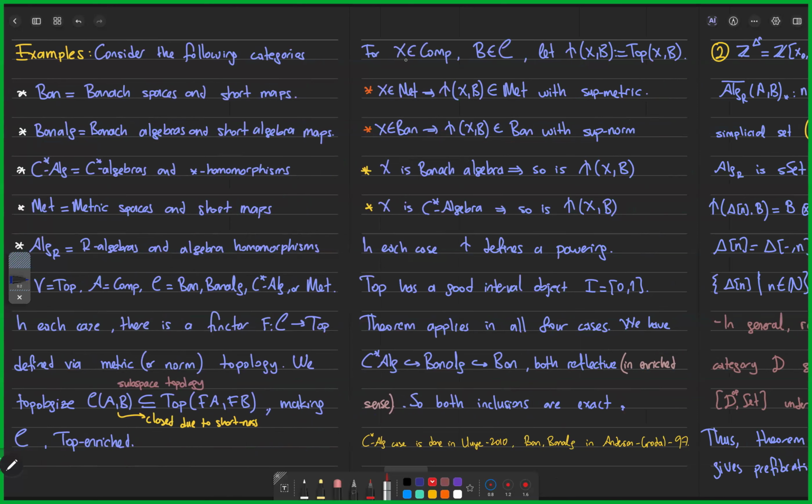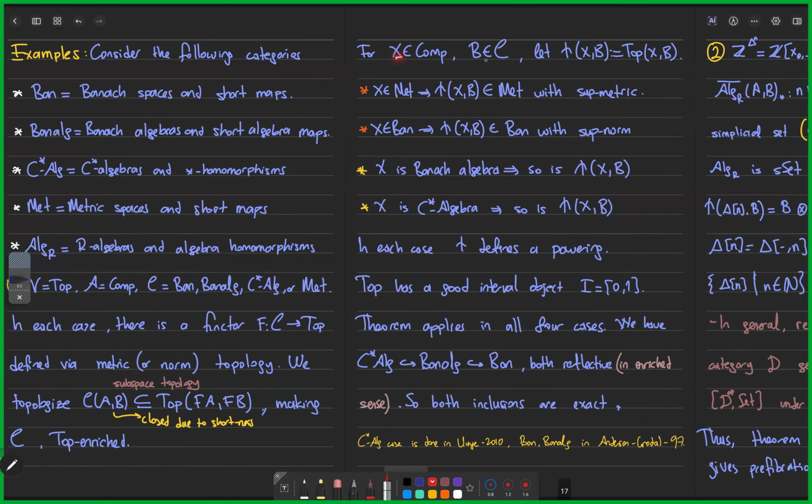And if we choose a compact Hausdorff space and any object, for example, any Banach space or Banach algebra or C-star algebra or a metric space, then we can define a structure on the set of continuous maps from X to B so that this is an object in C. So for example, if B is a metric space, then we can make the set of continuous maps from X to B a metric space.